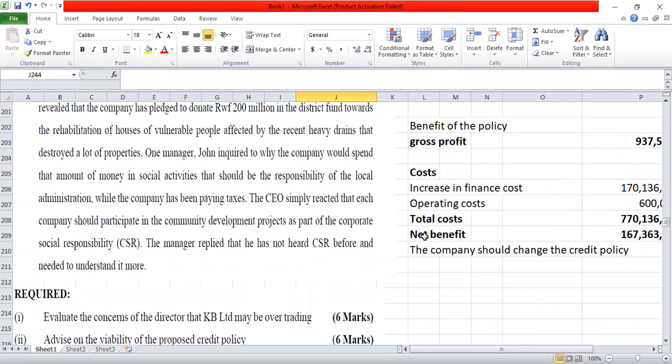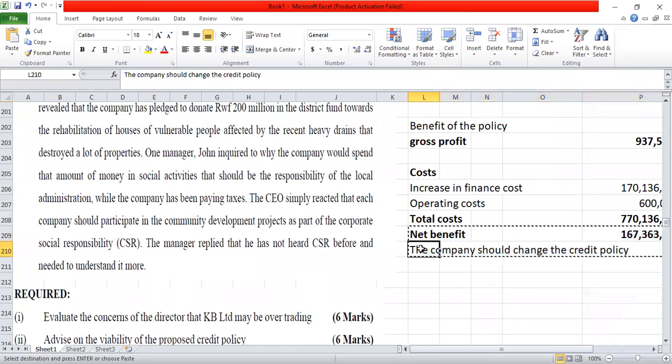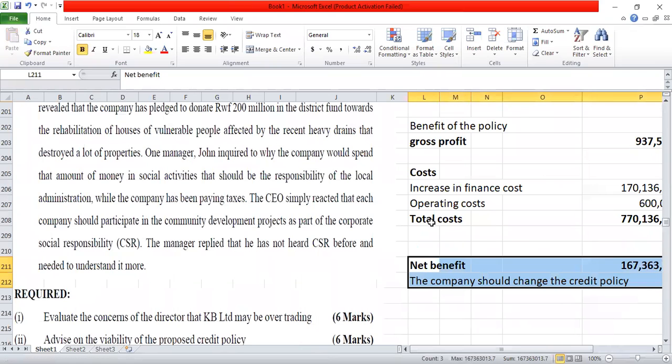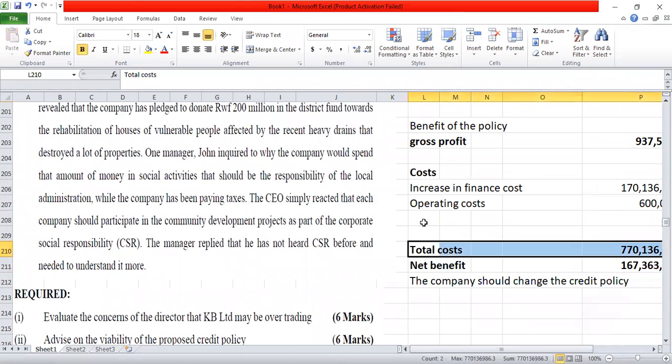I had forgotten it. We are rushing, that's the reason. There is a discount cost.